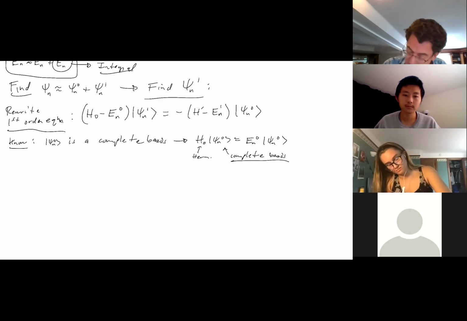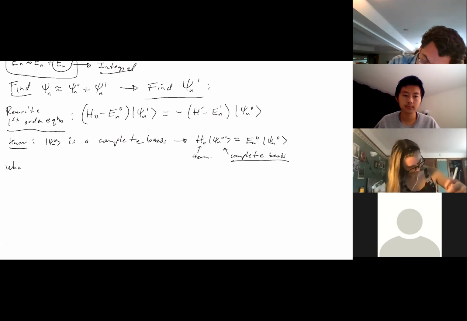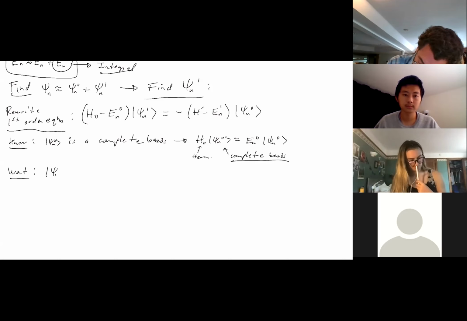Okay, and so that means that I can write the thing we want. The thing that we want is psi n1, the first order correction. So this is a trick I'm going to do. Check this out.